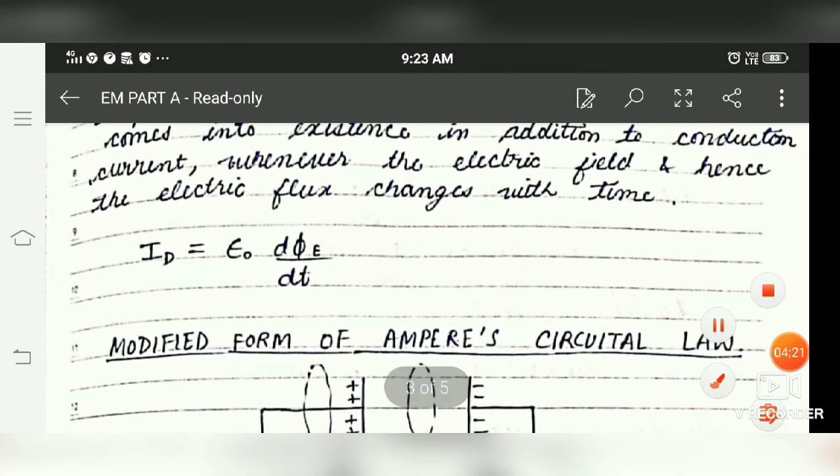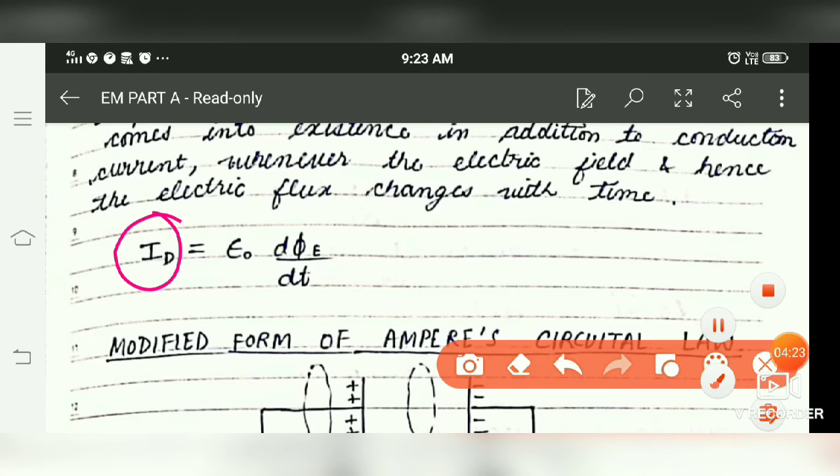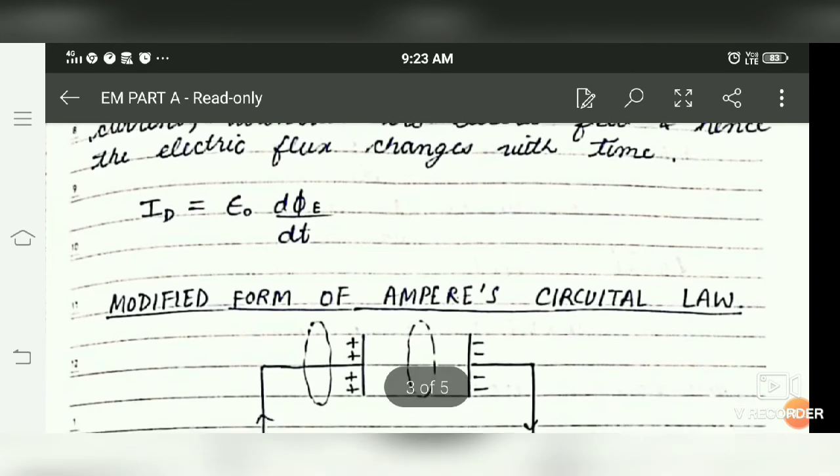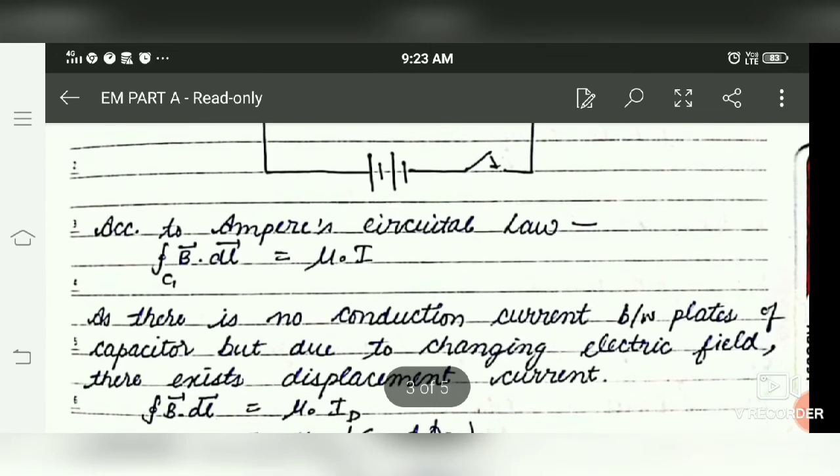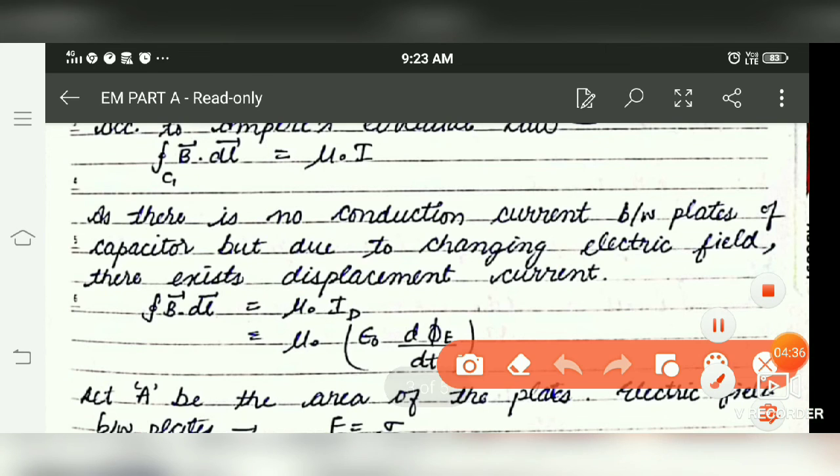This displacement current is represented by ID, and its formula is mu naught d phi E by dt, where phi E is electric flux and d phi E by dt represents the change of electric flux. Now for the modification: we have two types of current, conduction current and displacement current. So we add the current ID to the conduction current.